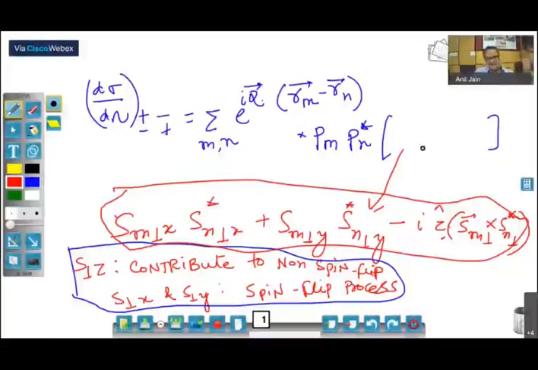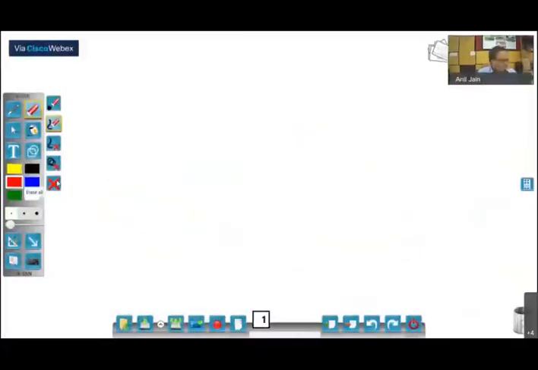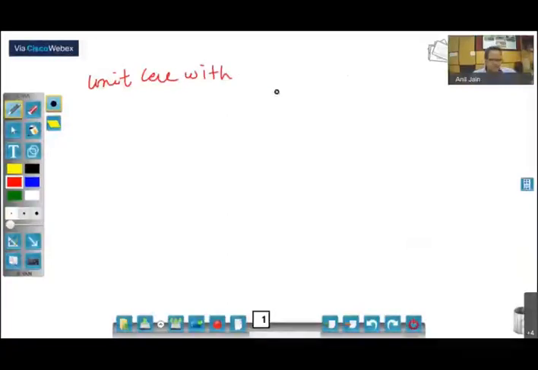Now let's consider the special case, a unit cell with a single atom, meaning I have only one type of atom.